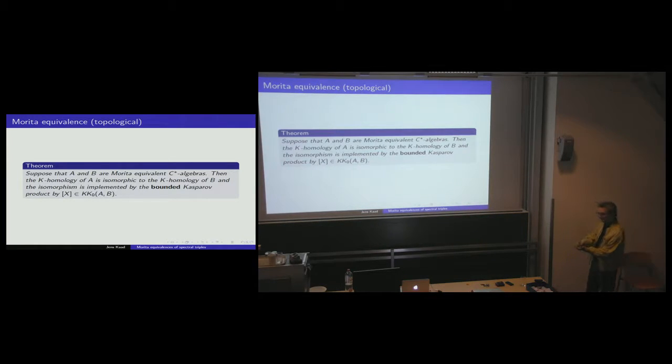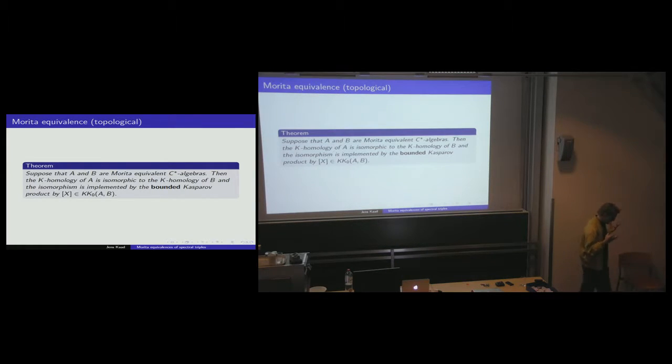So this Morita equivalence bimodule X determines a class in the KK theory from A to B. It's really just a class of this C-star module, as we also saw yesterday. And you can take the bounded Kasparov product by this class, and it gives you this bijective correspondence from the K-homology of B to the K-homology of A.